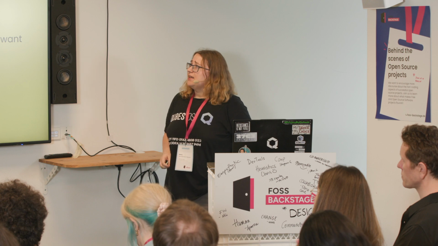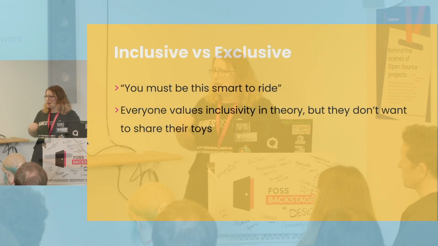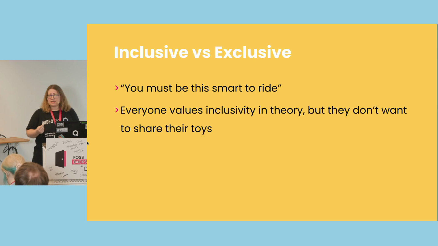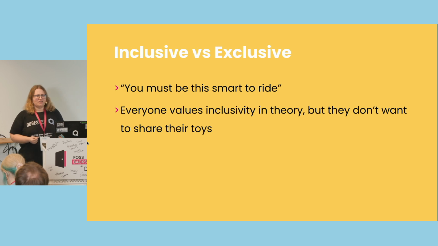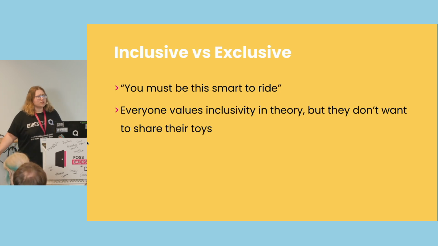So as I said, the first big problem is that when we as designers come to open source developers and tell them, make this simpler, for a lot of people the instinctive reaction is, no, I don't want it to be simple. I don't want it to be accessible, because then stupid people will come and use it. Of course, very few people will say it in those words, but you will see a lot of developers say things like, well, it's the user's fault.